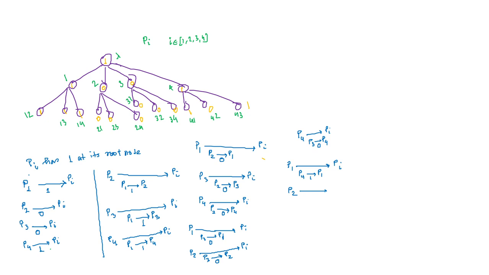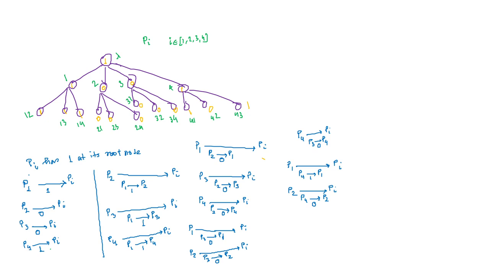P2 says to P1 that P4 sent P2 value 0 as its initial value. Now you find some lie here, because in round 1 P1 received 1 from P4 as its root node value.